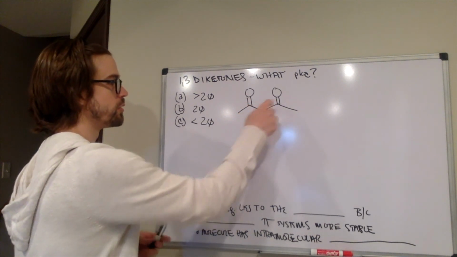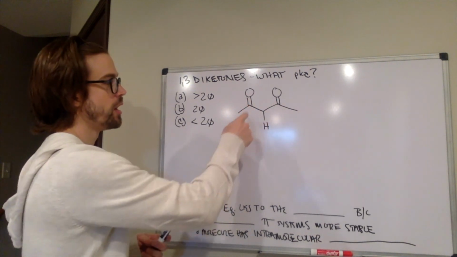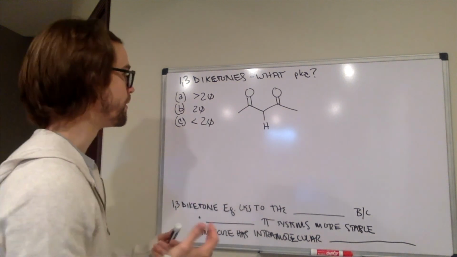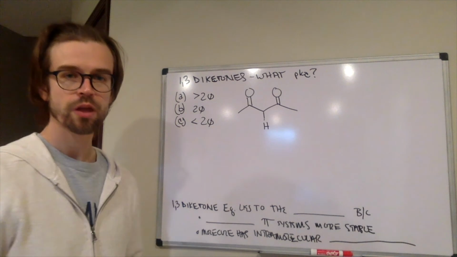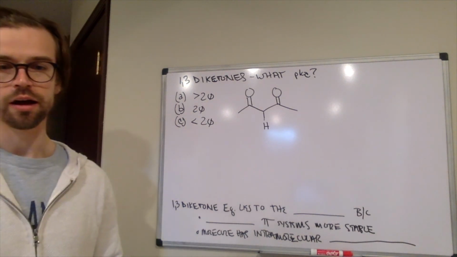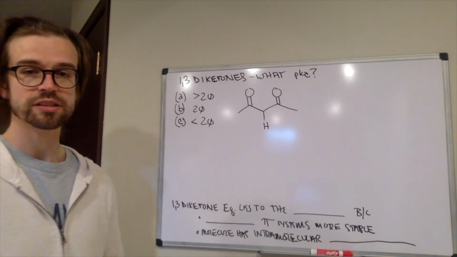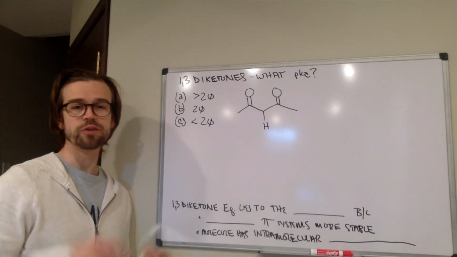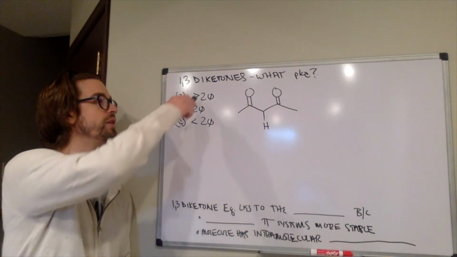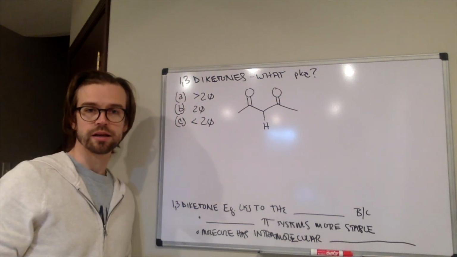So 1, 2, 3. Their relationship to each other is 1,3. And the question is, what would you expect the pKa of that proton right there to be? Again, stronger acids have more stable conjugate bases. So take a minute to pause the video, draw some structures out, and then try to approximate the pKa here.